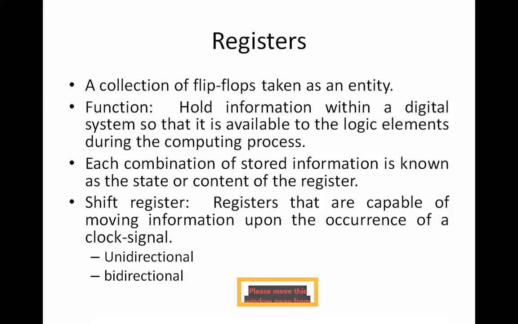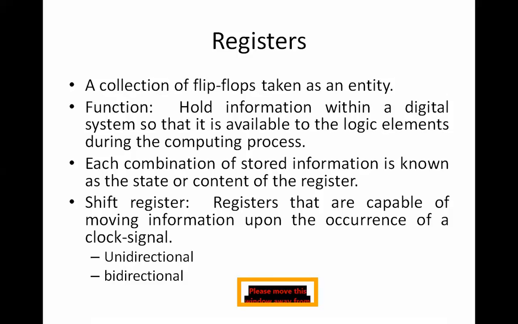Registers are capable of moving information upon occurrence of a clock signal. So clock is very important here. Once I have a clock signal, I will be able to move data from one point to another point. Based on the movement of data, there are two major categories: unidirectional and bidirectional.